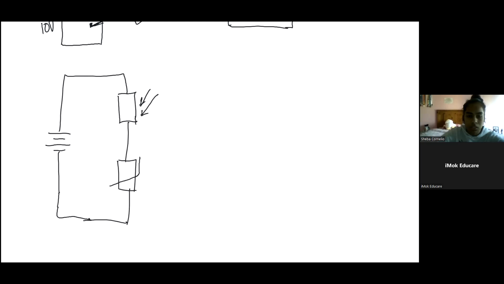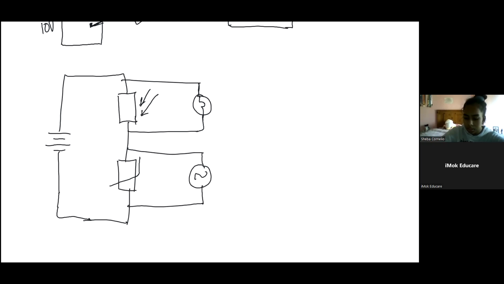Yes, they do. So I can connect something to this, say the LDR. So I will connect it to my lamp. And the thermistor, I'm connecting it to my AC, air conditioner.